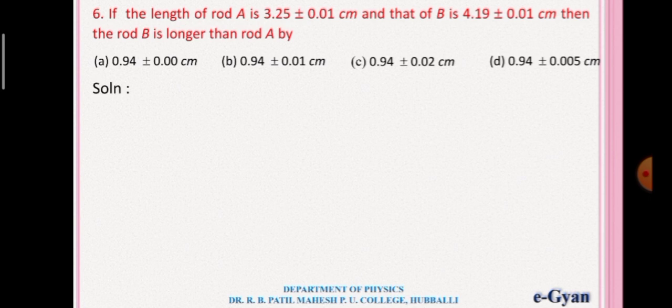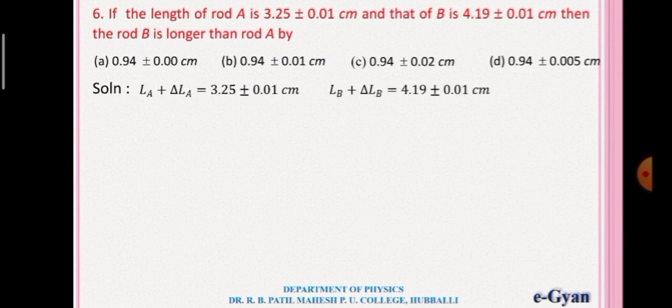Okay, in this case there are two rods and their lengths are given by length of rod A is 3.25 plus or minus 0.01 centimeter and that of B is 4.19 plus or minus 0.01 centimeter. And the question is, how big is the rod B with respect to rod A?